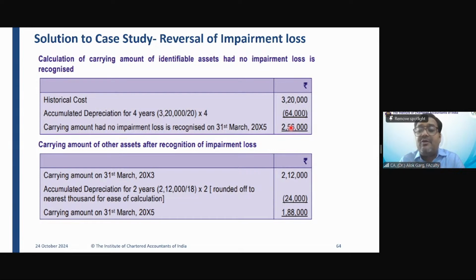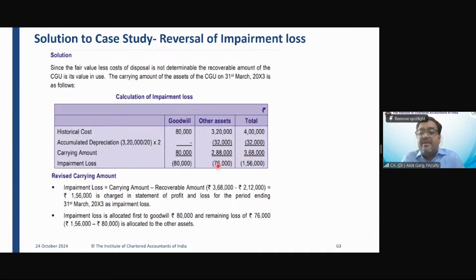पर मैं impairment loss कितना रिवर्स करूं? What is my existing carrying value? मेरी existing carrying value कितनी है? 2,12,000. 2,12,000 was my carrying value as on 31st March 2003. तो इस 2,12,000 पे आप 2 साल का depreciation और लगा दो। मुझे तो एग्जिस्टिंग कैरिंग वैल्यू निकालनी पड़ेगी ना?